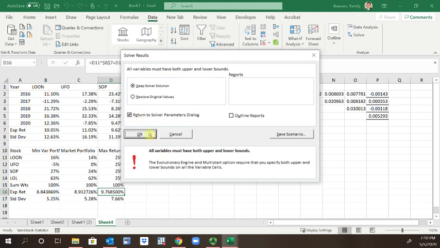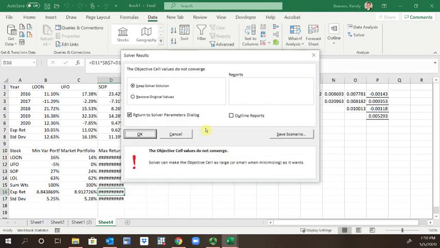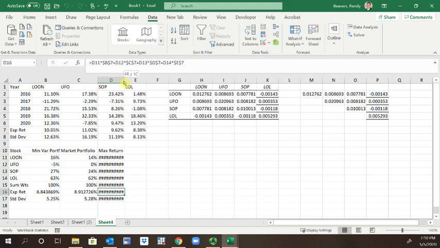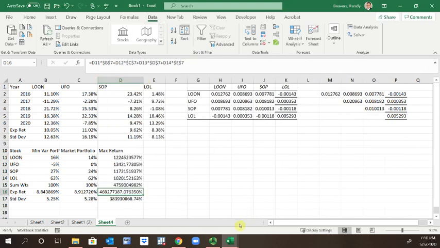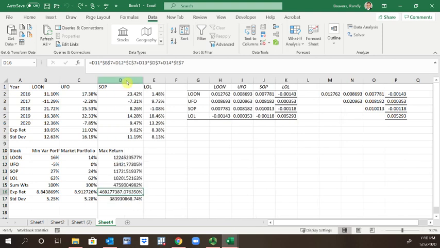All right, so we're going to keep what it found, even though it has some issues there. Let's see. Okay, so yeah, it's not converging at all. All right, so we're going to leave this one out.